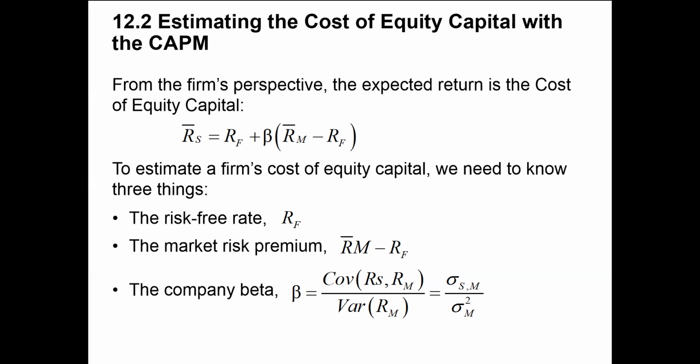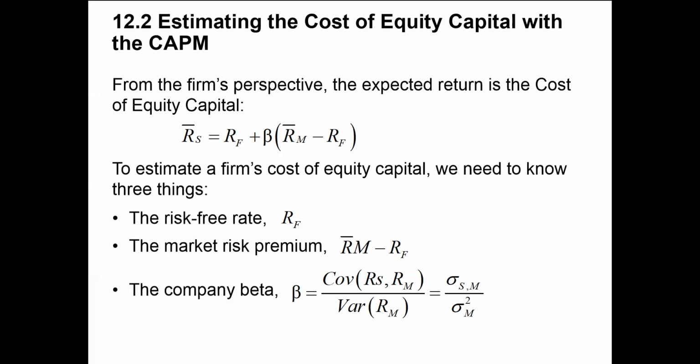As we discussed in the previous class, the rate of return is determined by the following formula of the CAPM: the risk-free rate plus beta times market risk premium.